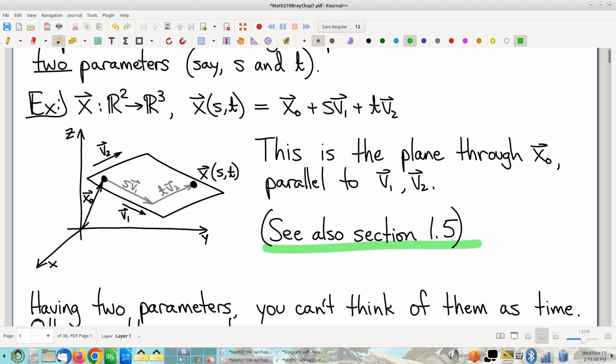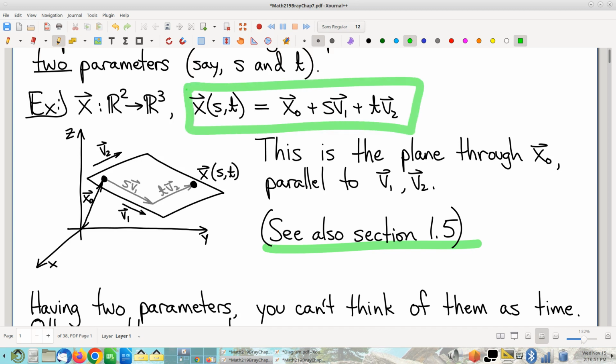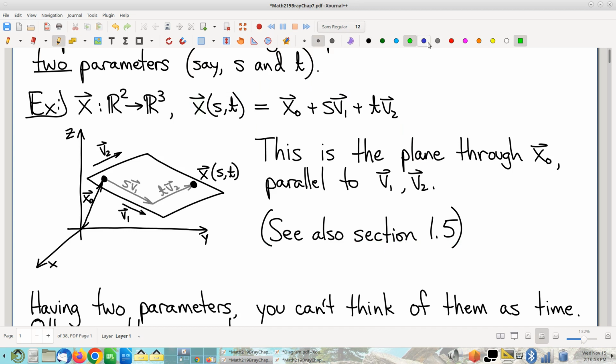But this formula right here is a parameterization of a plane. Let me talk you through how that works. We start with some point, x naught. I can characterize my plane by it going through that point x naught and being parallel to these two vectors v1 and v2. There's a unique plane that goes through x naught and is parallel to v1 and v2.